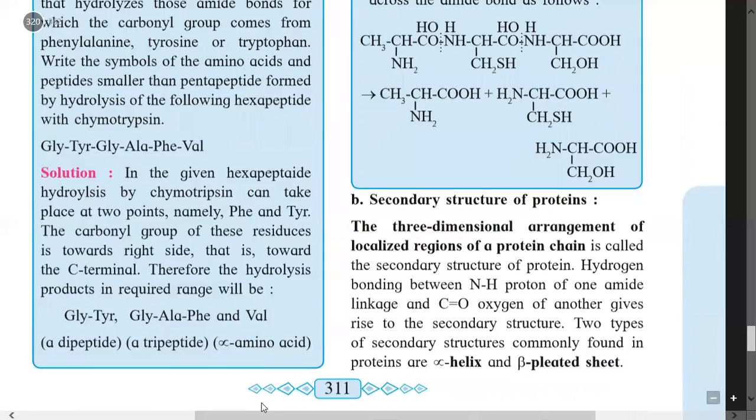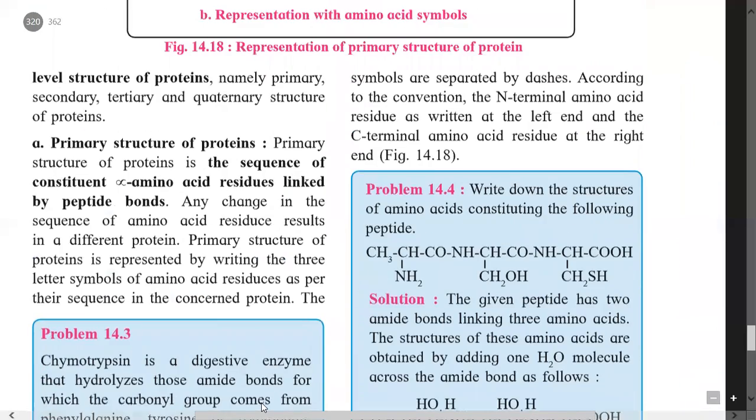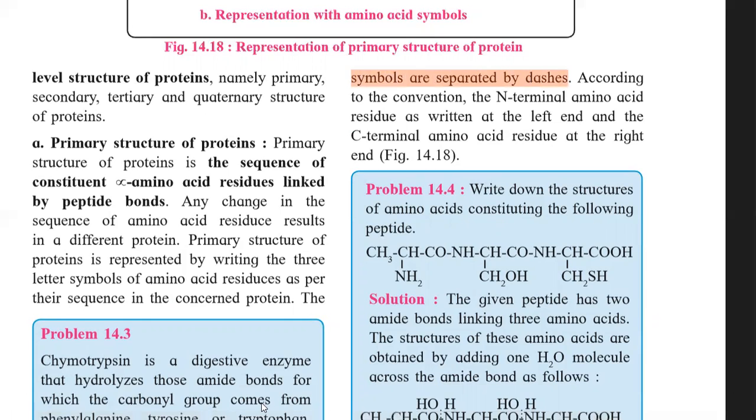So this is the sequence of alpha amino acids shown with the help of three-letter symbols in a primary structure. The symbols are separated by a dash. According to convention, the N-terminal amino acid is written to the left and the C-terminal amino acid is written to the right end.